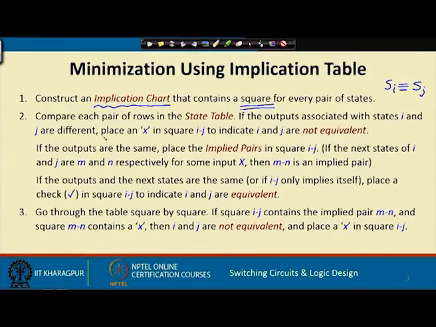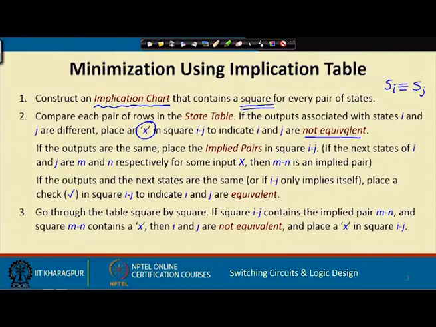So, they are not equivalent. I put a cross in that entry in the implication chart, indicating that the two states are not equivalent. So, if the outputs are different, straight away we can conclude that the states are not equivalent, and we place a cross in the corresponding square ij, to indicate that they are not equivalent.